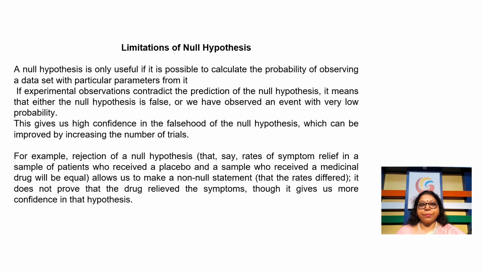For example, the rejection of a null hypothesis, say, that the rate of symptom relief in a sample of patients who received a placebo and a sample who received a medicinal drug will be equal, now allows us to make the statement that rates differed. It does not prove that the drug relieved the symptoms, though it gives us more confidence in that hypothesis.